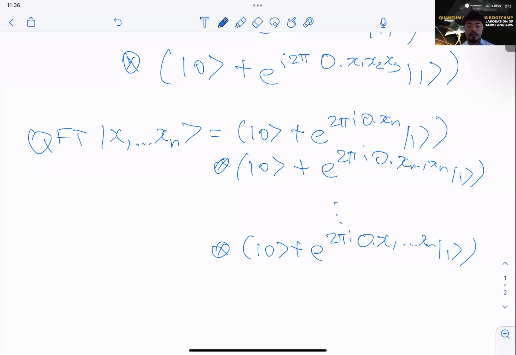So what does the inverse Fourier transform do? Can anyone tell me?